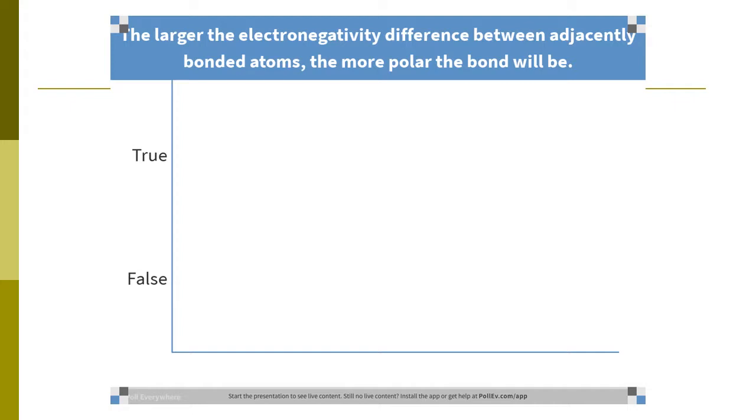This is true. It's very true, unless it gets to be such a big difference that it becomes ionic. But this is just saying, hey, the more difference there is, the more polar it is. Yes, this is true.